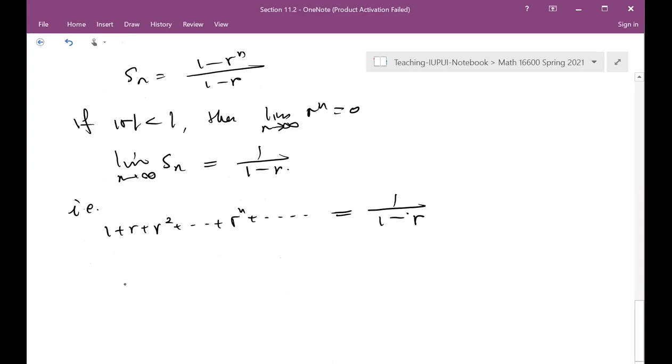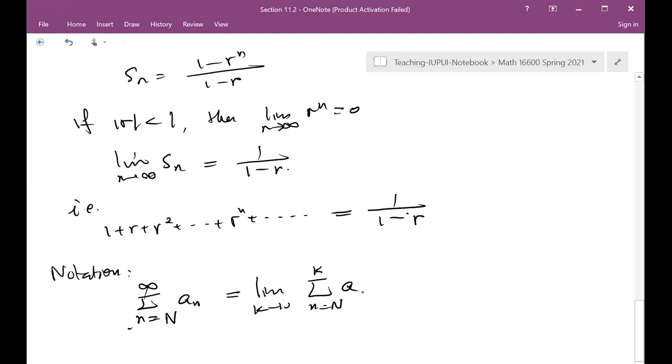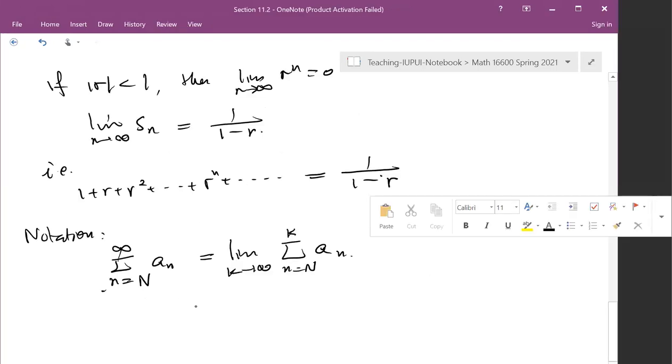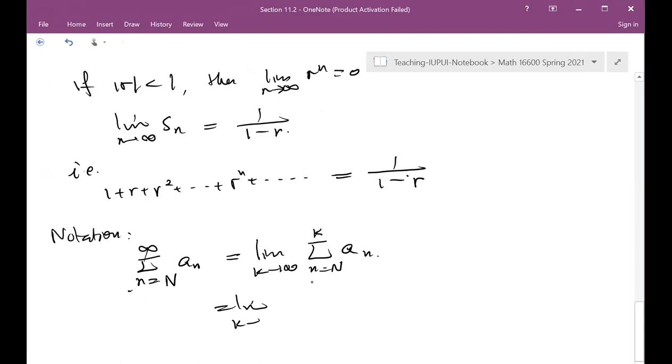Let's introduce a notation. The sum from n equals capital N to infinity is defined to be the limit of the sum from n equals capital N to k as k goes to infinity. In other words, this is a limit, and the first term is a_N, then a_(N+1), and so on, infinitely many terms.